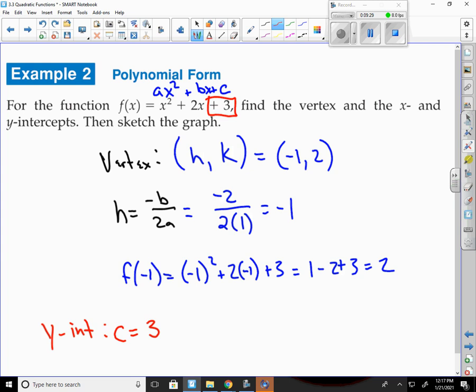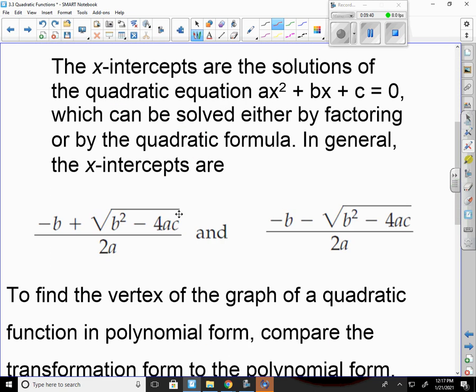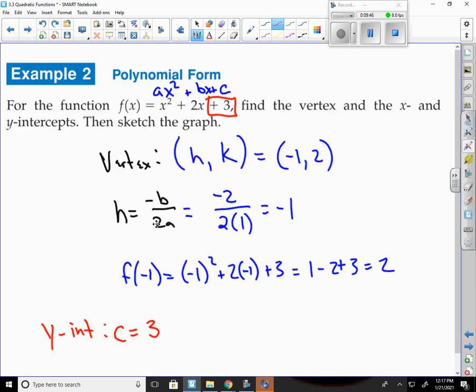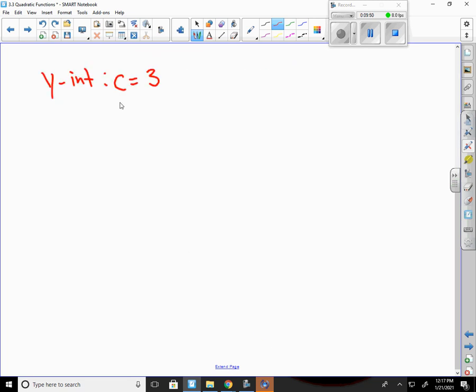Lastly, we have to find the x-intercepts. If you remember from yesterday, to find our x-intercepts, we use this formula. All right? Before I do that, I'm always going to check what's under my root.